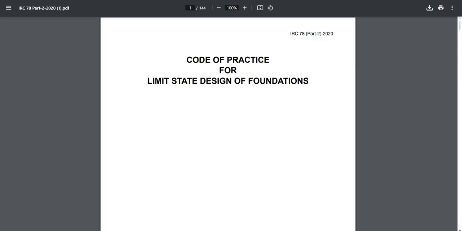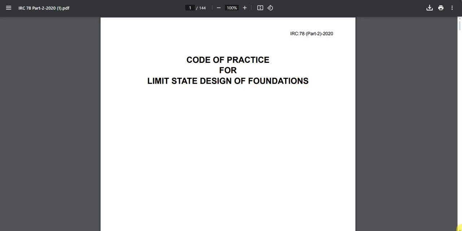Now this code is introduced to make the design of foundation in limit state, to align it with the existing codes for structures in which we have already been following the limit state method for quite some time.